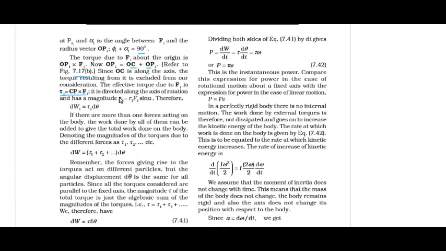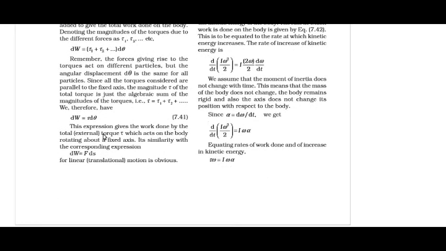Remember, the forces giving rise to the torques act on different particles, but the angular displacement d theta is the same for all the particles. Since all the torques considered are parallel to the fixed axis, the magnitude of the total torque is just the algebraic sum of the magnitudes of the torques, that is tau is equal to tau 1 plus tau 2 plus dot dot dot. We therefore have dW is equal to tau d theta.